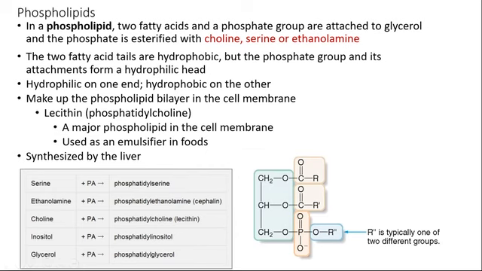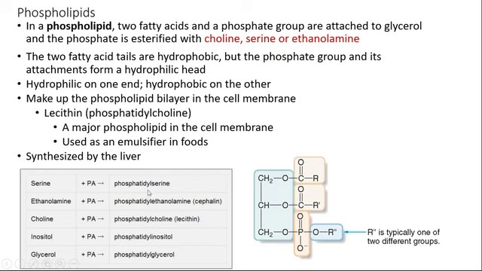So phospholipids have two fatty acids and a phosphate group attached to the glycerol, and the phosphate group can be esterified by either choline, serine, or ethanolamine. If it has choline, it is known as phosphatidyl choline, or lecithin.